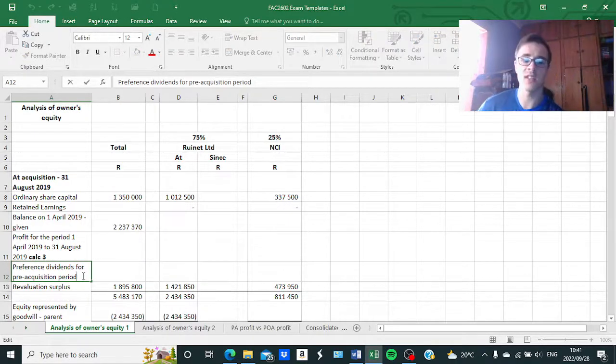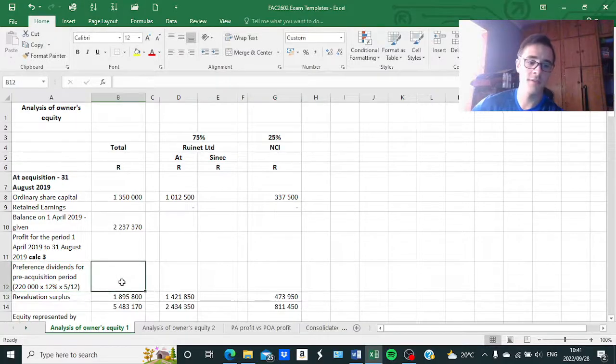Your preference dividends for the pre-acquisition period would be calculated by taking the value of preference share capital, which is 220,000, multiplying it by 12%, because 12% is the dividend rate, and then multiplying by 5/12, because the preference dividends are paid for 5 months, and you should arrive at an answer of 11,000 rand.